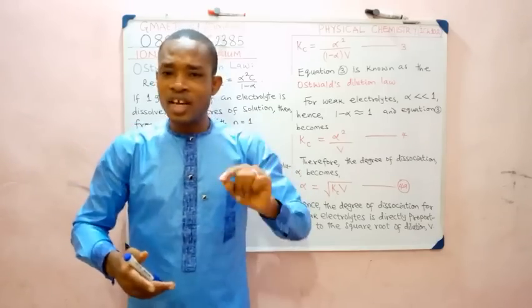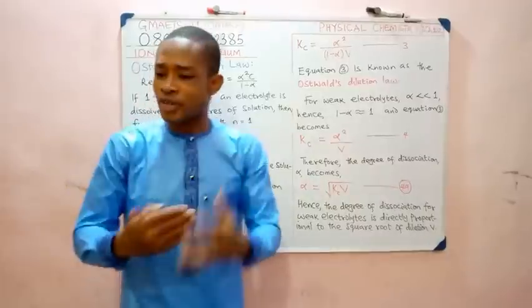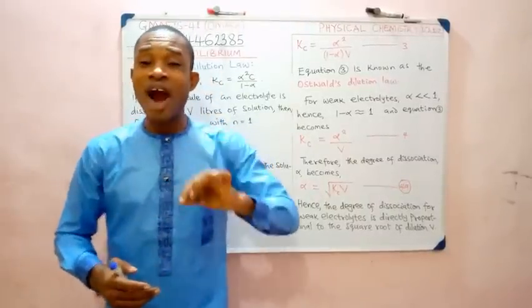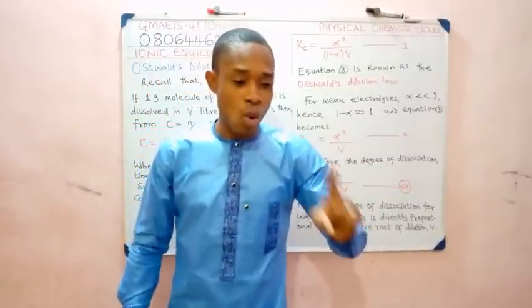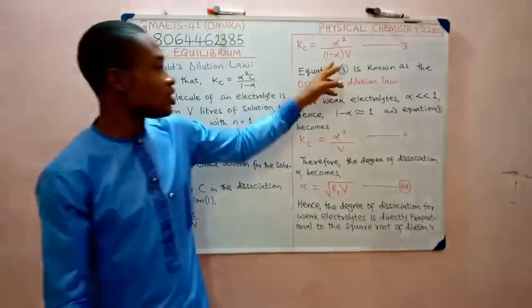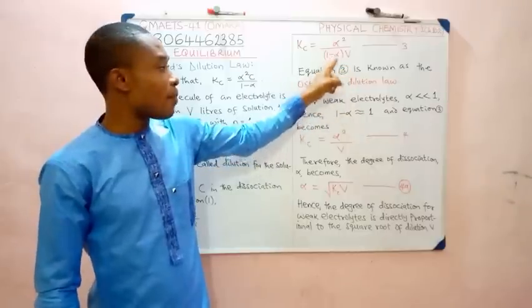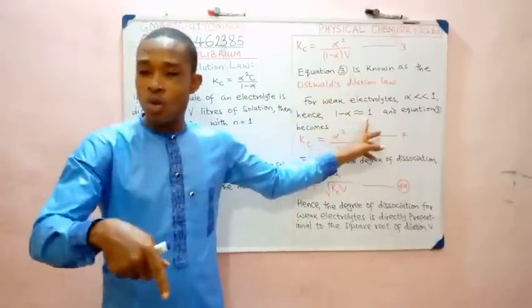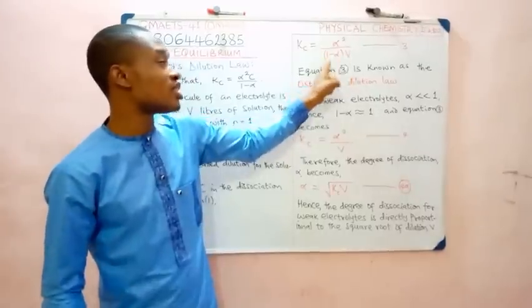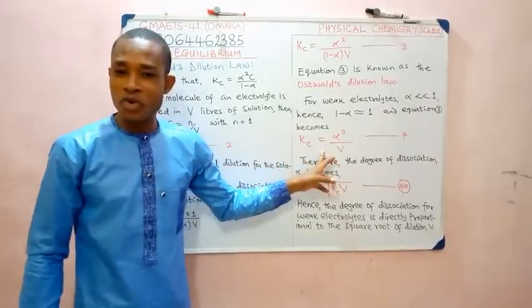Therefore, it means that this 1 minus alpha would be approximately equal to 1 because alpha is far, far less than 1. We can neglect the degree of dissociation alpha from this denominator term. And once we neglect it, then 1 minus alpha would be approximately equal to 1. Multiplying it by V, you still get only V in the denominator. That gives us equation 4.